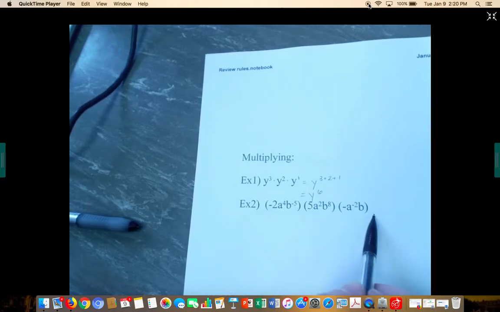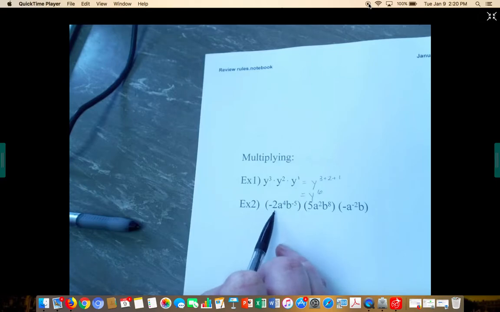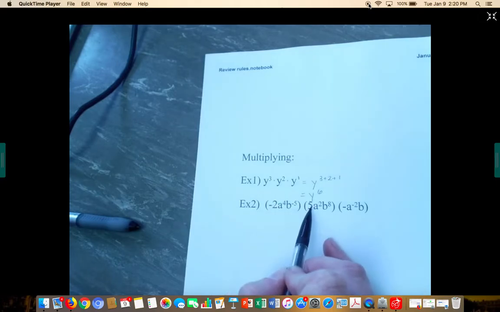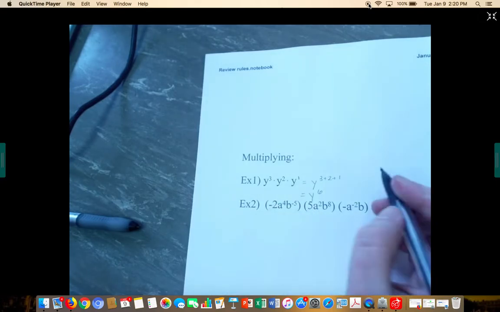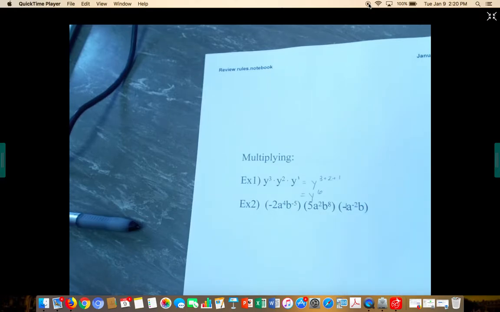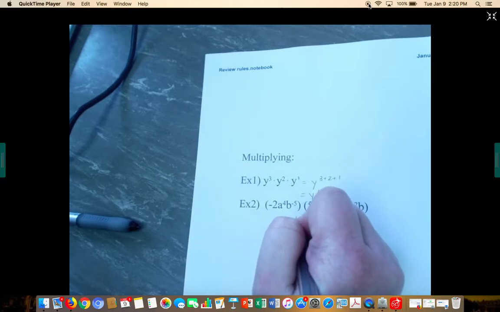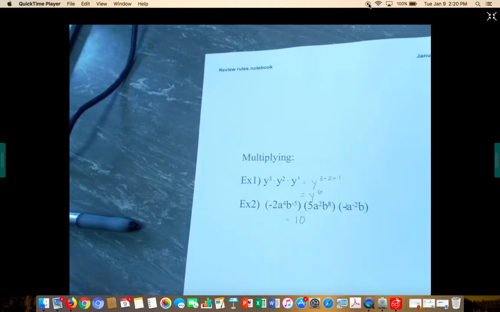Now, if we look at our next one, we're going to take our coefficients, so negative 2, 5, remember this is a negative 1 here in front of the a, so negative 2 times 5 gives us a negative 10 times a negative 1 would give us a positive 10. And now we're going to combine our a's, so I have a to the 4th, a squared, and a to the negative 2.